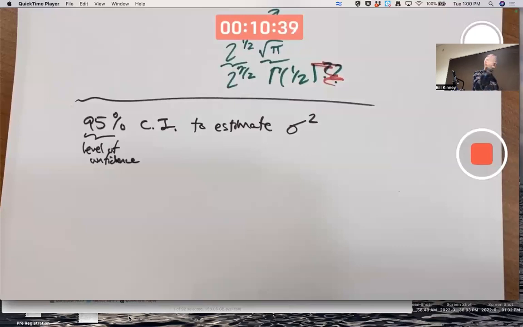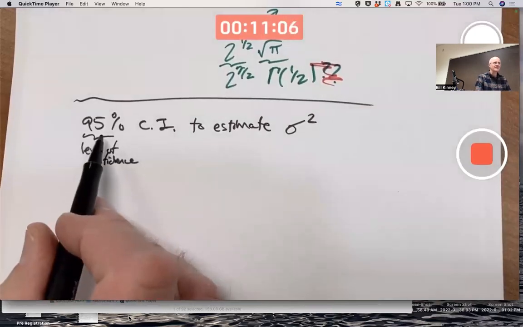Go for gold, a 100% confidence interval. Because if you go for 100%, it's not very useful. Typically it's going to be the entire real number line, and that doesn't pin down the value of the parameter very well. So you don't want to go for 100% because it's just not useful.